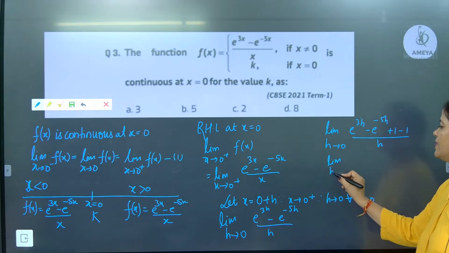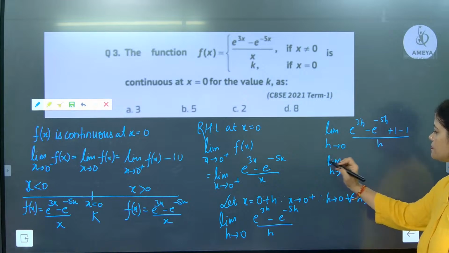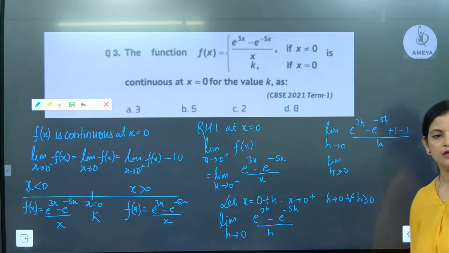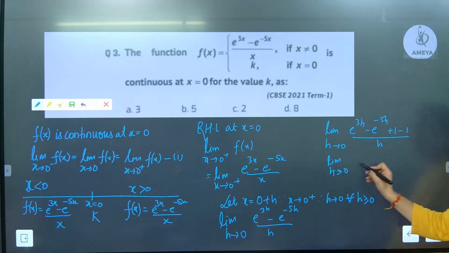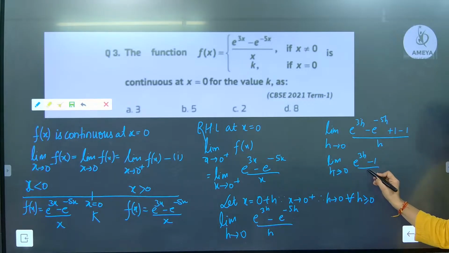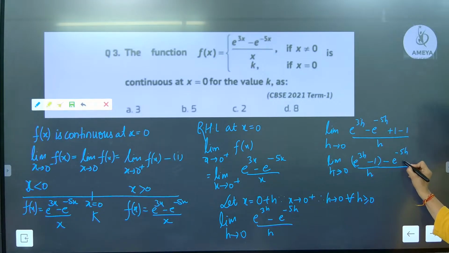Now look at limit h tends to 0. One time what I will do, e to the power 3h minus 1, I took by h, separated. Now this I have taken minus e to the power minus 5h plus 1.